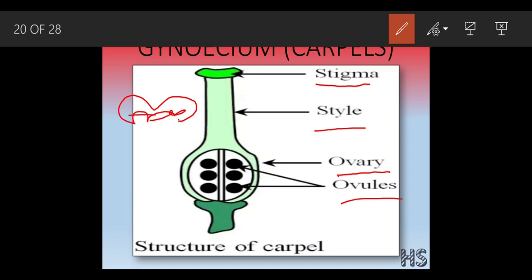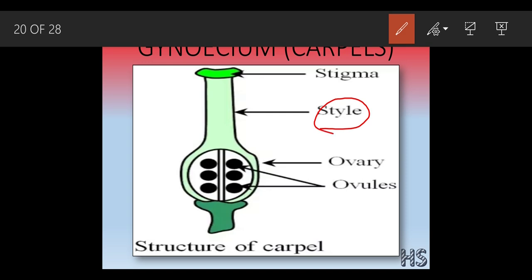This stigma serves as the landing place for the pollen during pollination. Stigma is the place where the pollens are going to enter. See these dots, these pollens are going to land. Why are they going to land? For the pollination part.